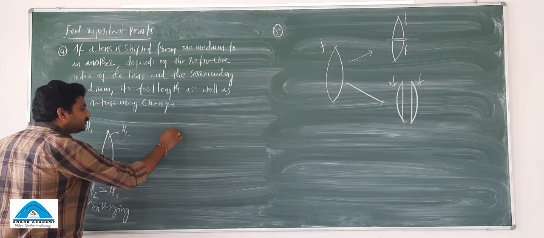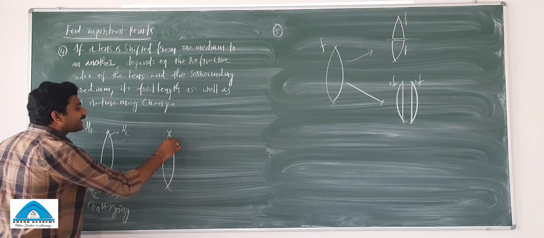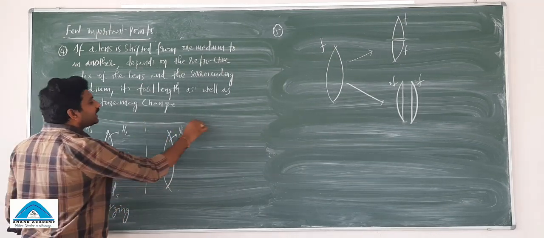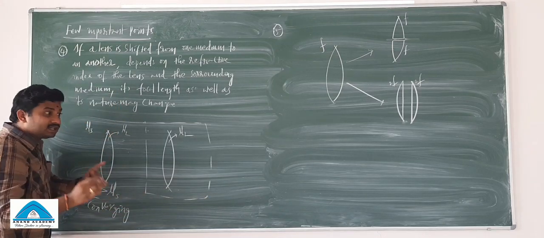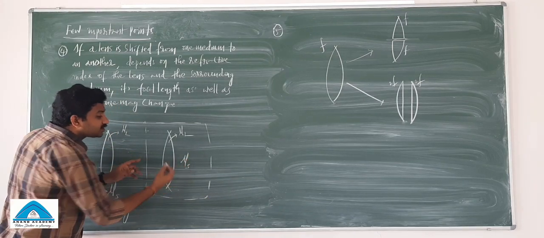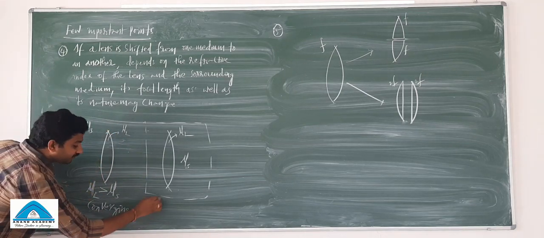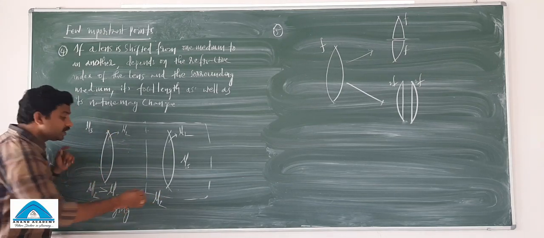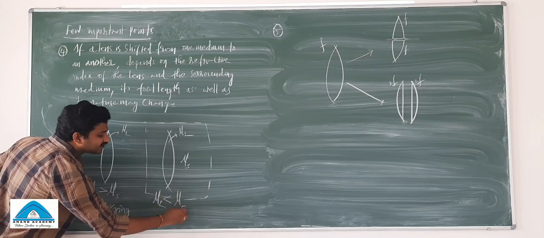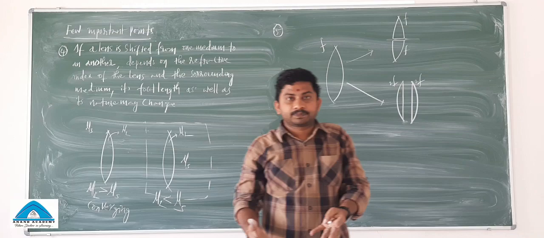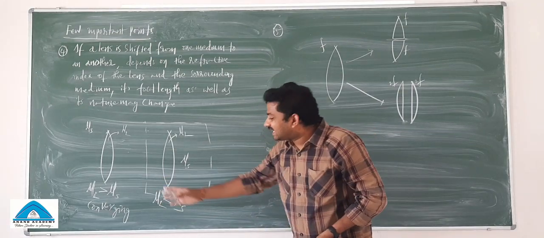Let us see the opposite. The same lens whose refractive index is mu L is kept in another medium where the surroundings' refractive index is mu S. Here the interesting part takes place. The refractive index of the lens is less than the refractive index of the surroundings. Surrounding refractive index is more, lens refractive index is less.